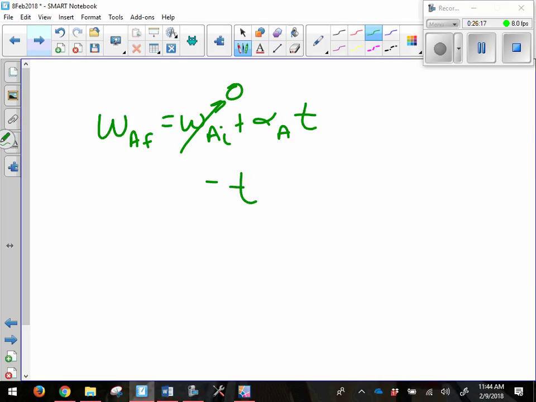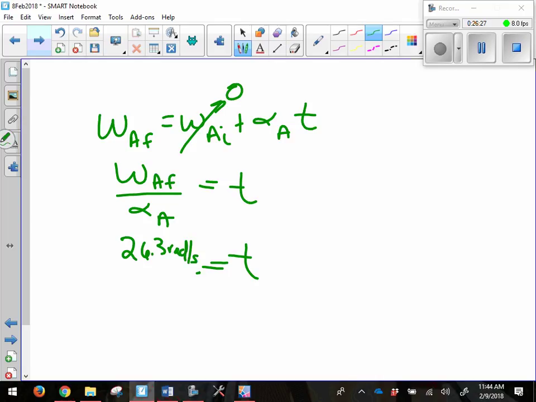And so I can solve this for T, and I get omega AF over alpha A. So I've got 26.3 radians per second divided by 1.6 radians per second squared. And what's that going to give me for my time?